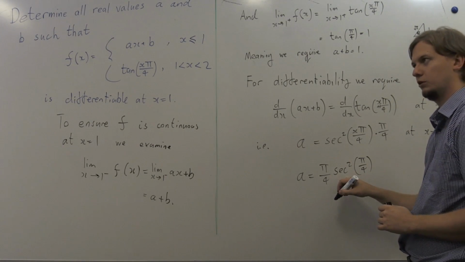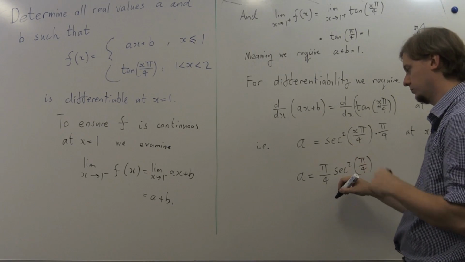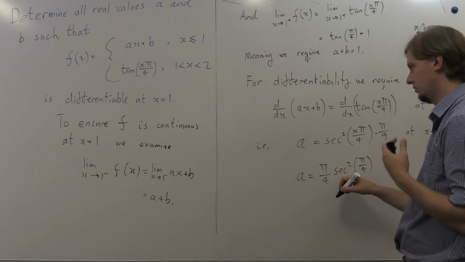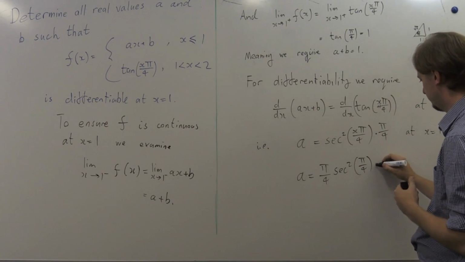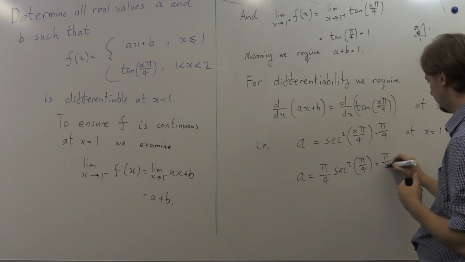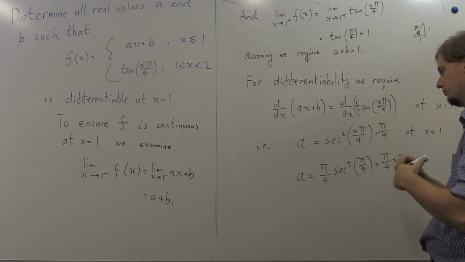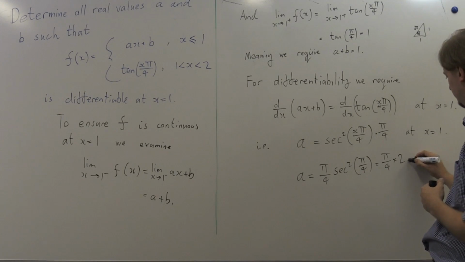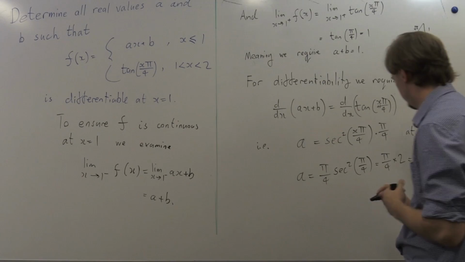Sec squared is 1 on cos squared. The cos of pi over 4 is 1 on root 2, so this is going to be 1 over 1 on root 2 squared. But the upshot is, if you work it out, you'll find it's just 2. So it's 1 over a half. So that means I need a to be equal to pi over 2.